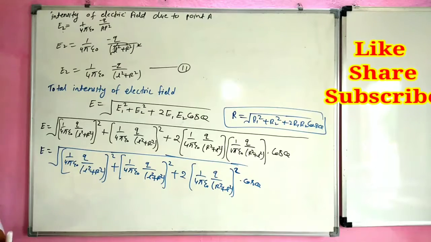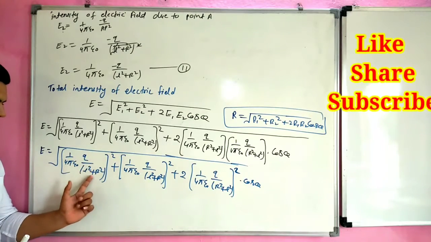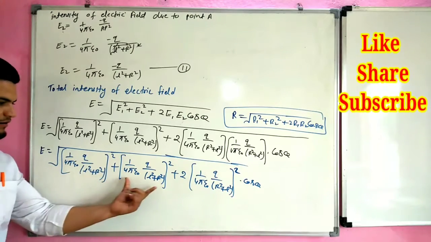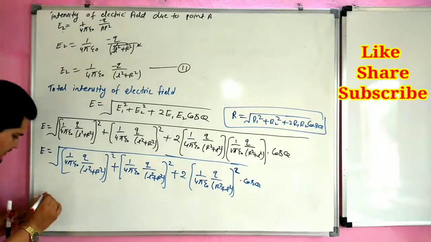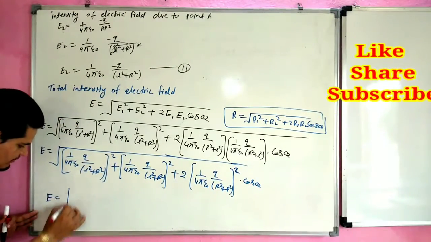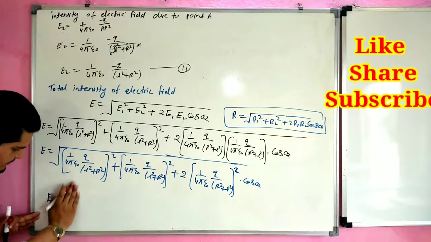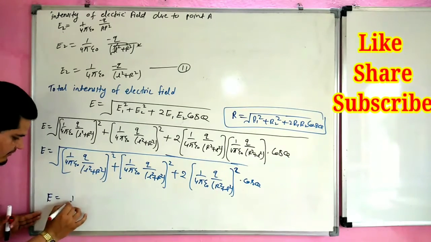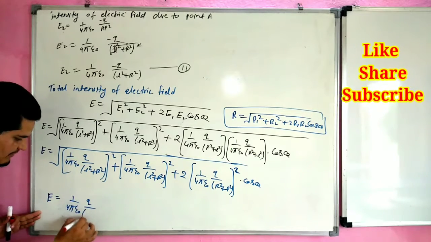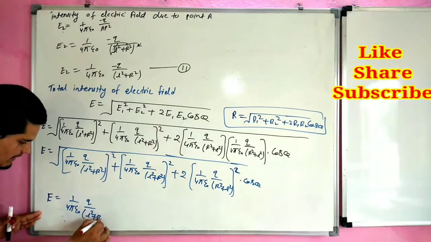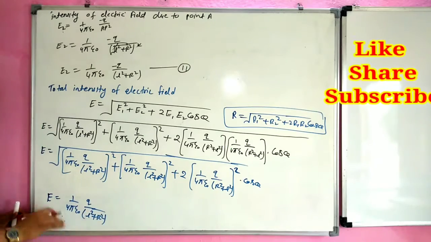Now we can take common 1 upon 4 pi epsilon naught Q upon R square. It is also here, it is also here, so we can take common. E equal to 1 upon 4 pi epsilon naught Q upon (L square R square) is taken common.